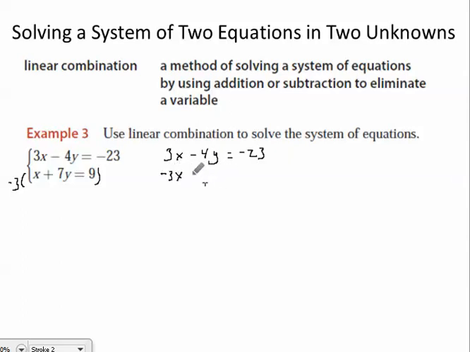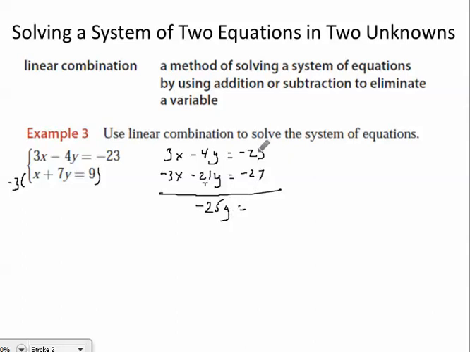And negative 3 times 7 is going to give me a negative 21y equals, and negative 3 times 9 gives me a negative 27. Now, if I just add these two equations together, 3x plus negative 3x gives me 0. Yay, 0 goes away. Okay, negative 4y minus 21y gives me a negative 25y.